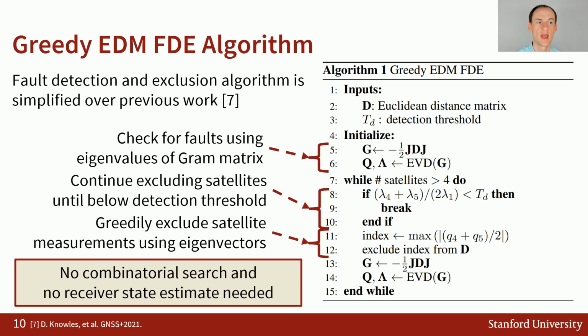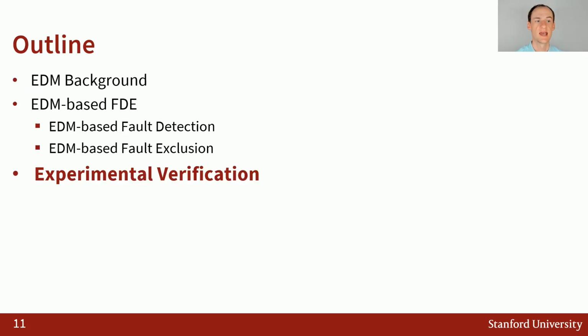And so, as you can notice, there's no combinatorial search needed. We don't have to create combinations of different measurements, and we never have to calculate a receiver state. So this prevents the large, computationally heavy problem of finding a receiver state estimate.